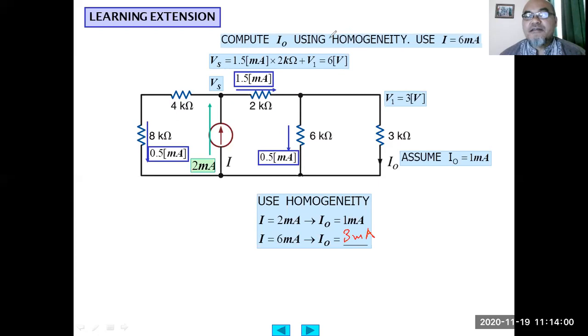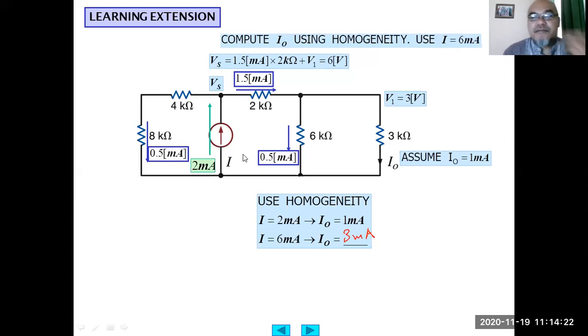In the homogeneity principle, first we assume a value for the parameter which is being asked. In this case, it is I output here. From there, we calculate backward towards the current source. Then the actual current source stated by the problem is 6 milliampere.